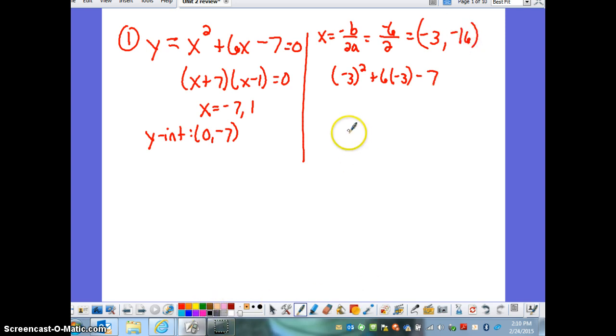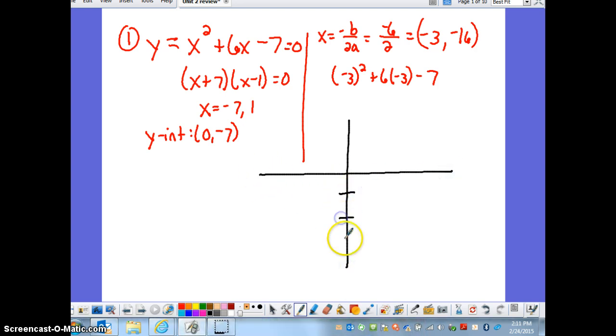So now I need to go through and graph this. All right, so when I graph here, I'm going to go down by 5, so 5, 10, 15, 20. I'm going to mark that as my -20 because I know I need to get to that -16. All right, and then I also have -7 and 1 as my x-intercepts. So 1, 2, 3, 4, 5, 6, 7, and 1.